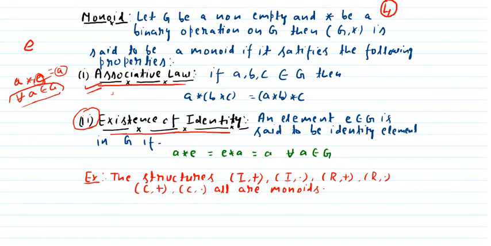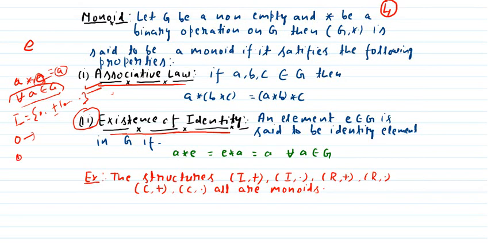Then in this set we can easily find 0 is such an element: if we add 0 to any member of this set, if we add 0 to 1, or to 100, or to -4, any number, then the output must be this number.